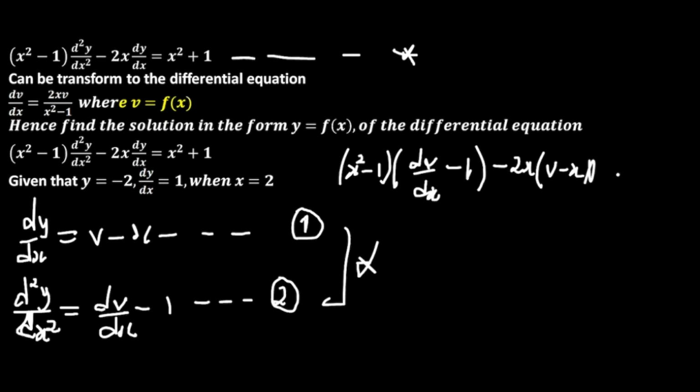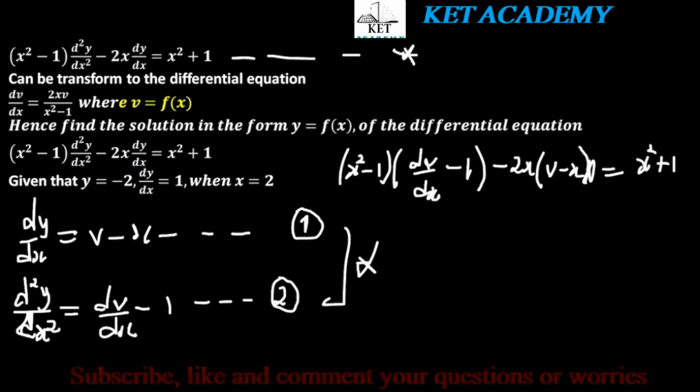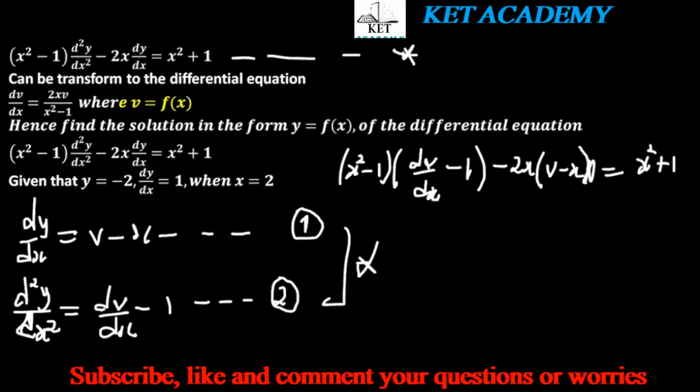So this will simply be equal to x squared plus 1. So what we want to do is we simplify it and make dv over dx the subject.